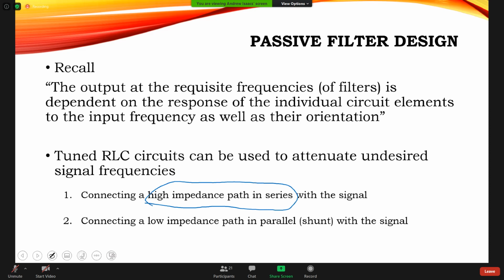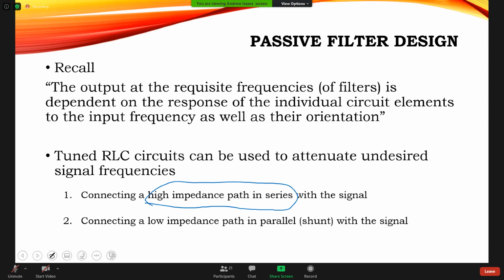Or I connect a low impedance path in parallel with the signal. So this is about attenuation. If I want to attenuate a signal, meaning I don't want it, I can put a high impedance path in series or a low impedance path in parallel, which is exactly what we're doing with the single elements.